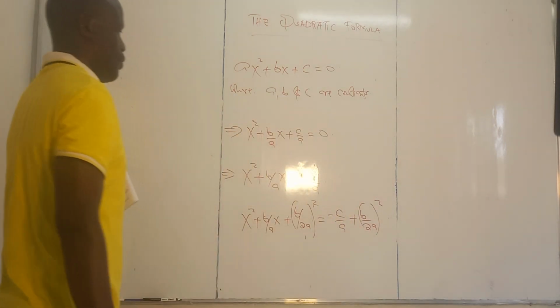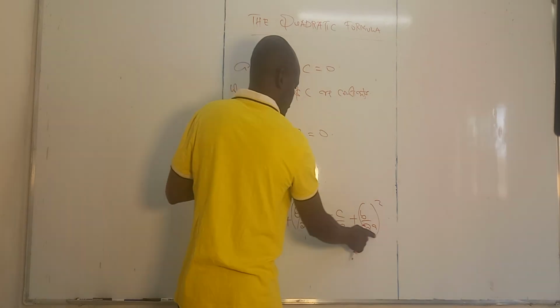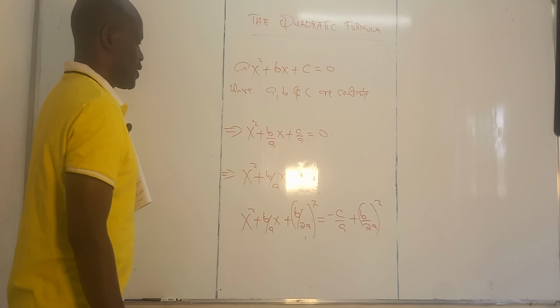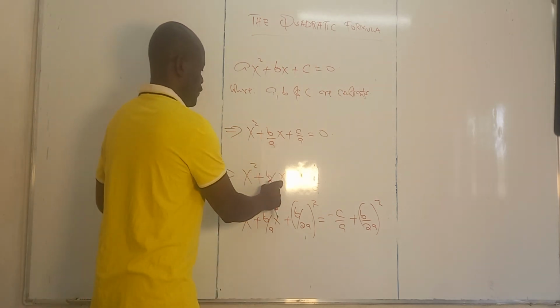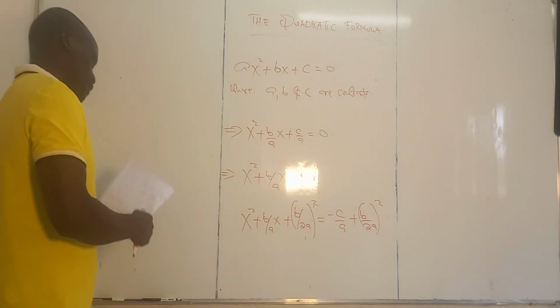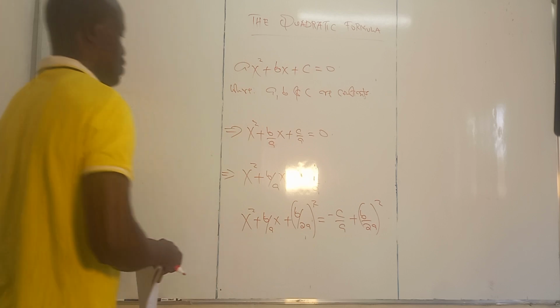Now, the b over 2a here and the b over 2a here are basically half of this coefficient. So b over a times half should give us b over 2a.